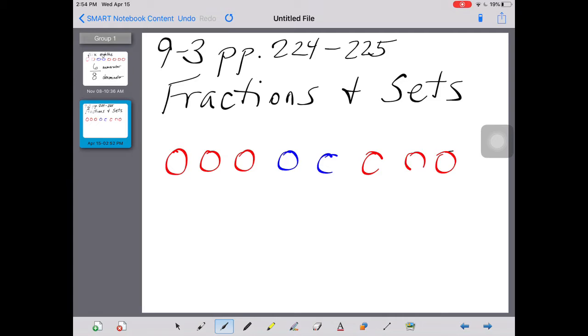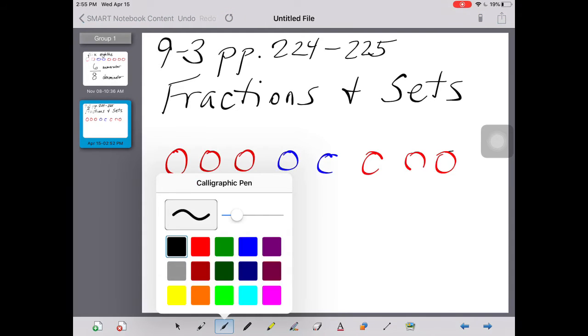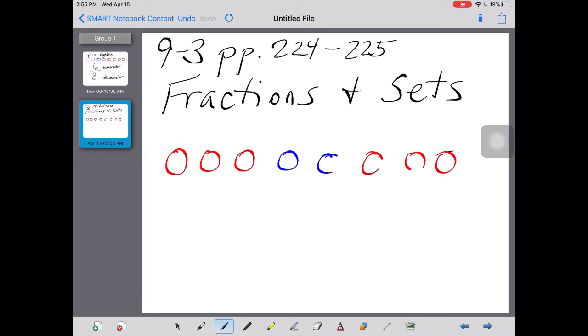So if I said, hey, I want to know what's the fraction of the group of people that are wearing red shirts. Well, we'd want to have our fraction bar. And once again, the denominator, the bottom number, always represents the total amount of parts. So in this instance, it would be 8.